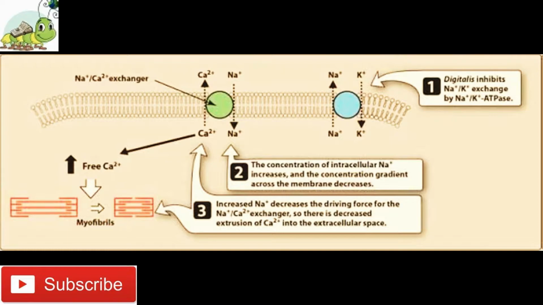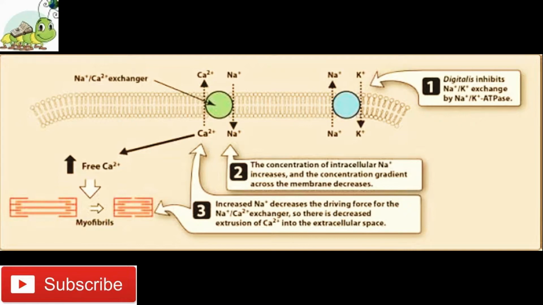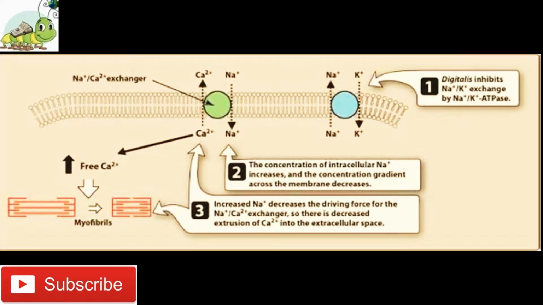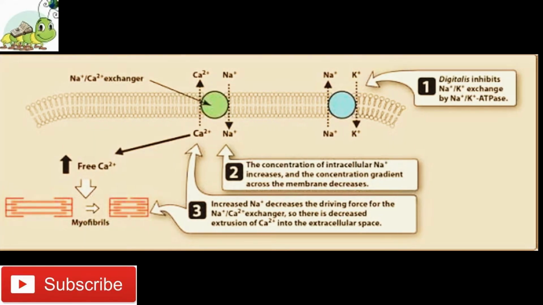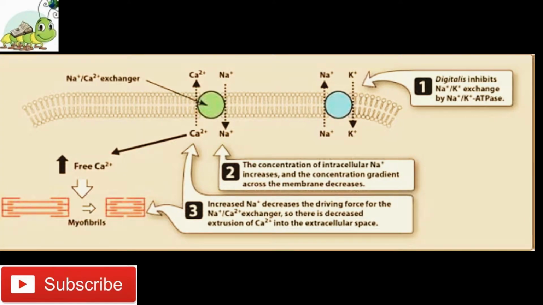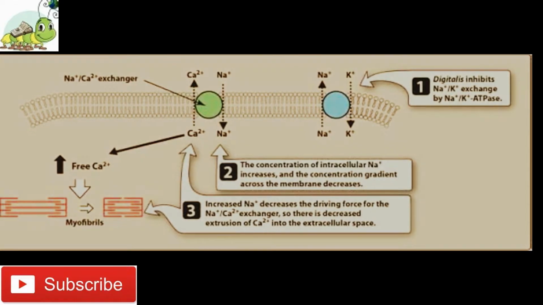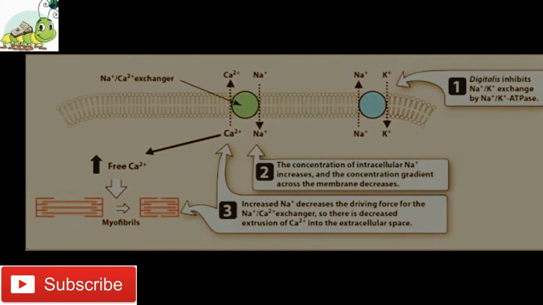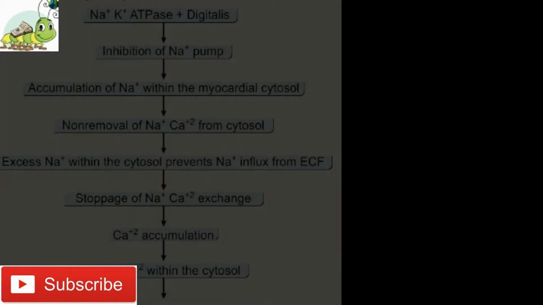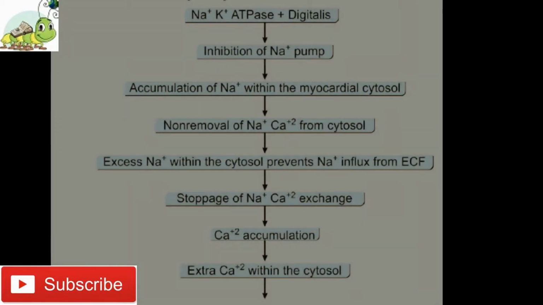By inhibiting the ability of the myocyte to actively pump sodium from the cell, cardiac glycosides decrease the sodium concentration gradient and consequently the ability of the sodium-calcium exchanger to move calcium out of the cell. Further, the higher cellular sodium is exchanged for extracellular calcium by the sodium-calcium exchanger, increasing intracellular calcium.